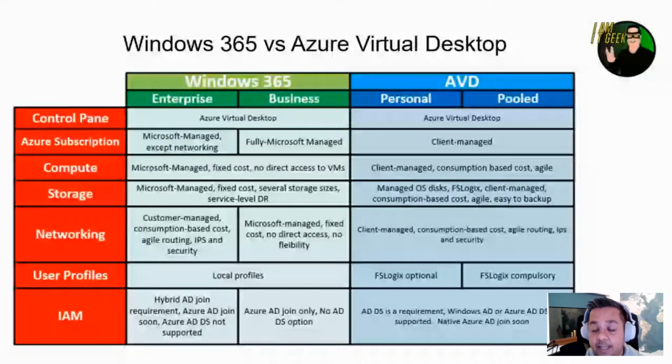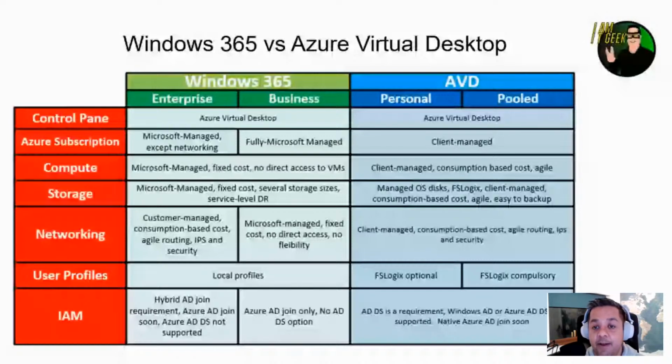Windows 365 and AVD are no different. So with Windows 365 there are again 2 variations, enterprise and business. With enterprise you can have that hybrid AD join. It's a requirement. You can have Azure AD join coming soon, very, very soon, I believe. Azure AD DS, so Azure AD Domain Services, is not supported with Windows 365.